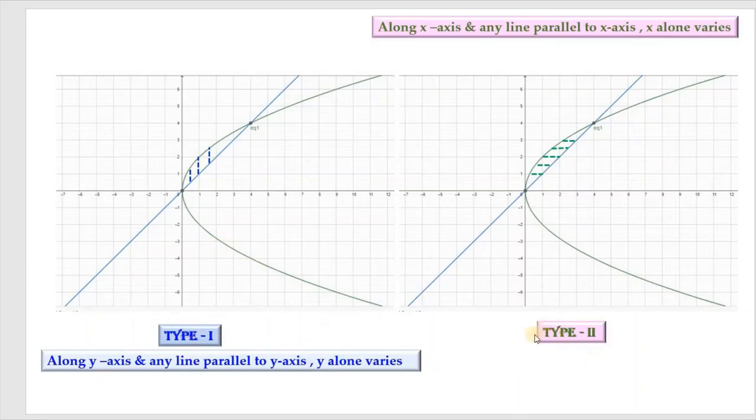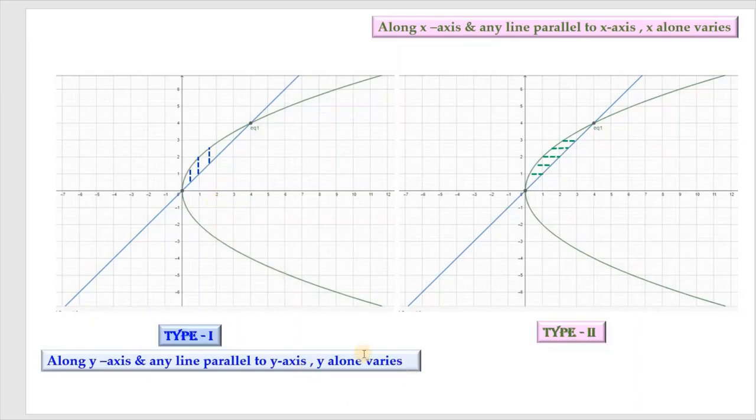In the case of type 2, you are covering the region by drawing lines parallel to the x-axis. Along the x-axis, and any line parallel to the x-axis, x alone varies, and along the y-axis, and any line parallel to the y-axis, y alone varies. So this one is type 1 and this one is type 2.